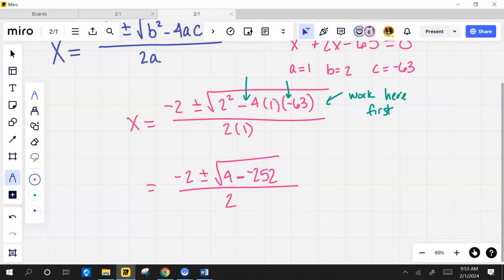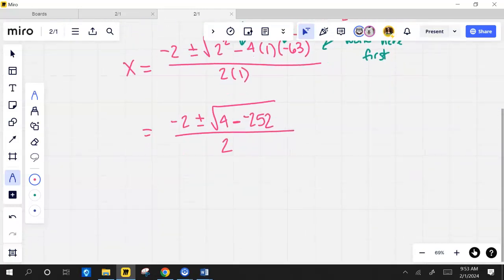Be very careful that you're writing this all over 2 and not just the radical. It's really 4. So now I end up with -2 plus or minus the square root of 4 plus 252 because I got minus a negative, right? So that's 256 all over 2.